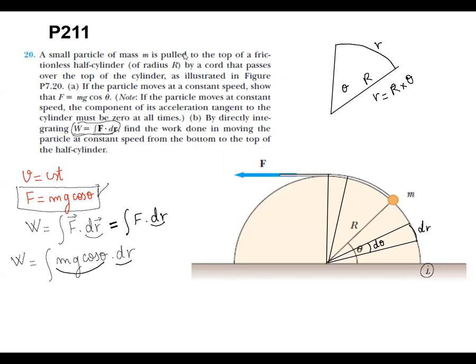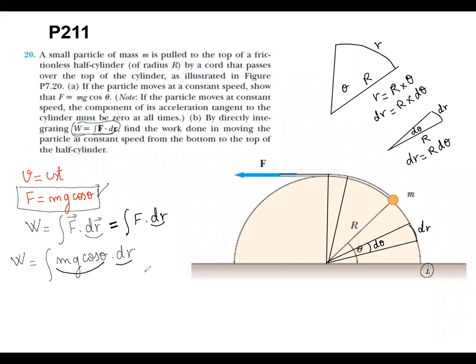The same if we have a small angle d theta with a small arc dr with the same radius. We can say dr equals r d theta, since r is constant.